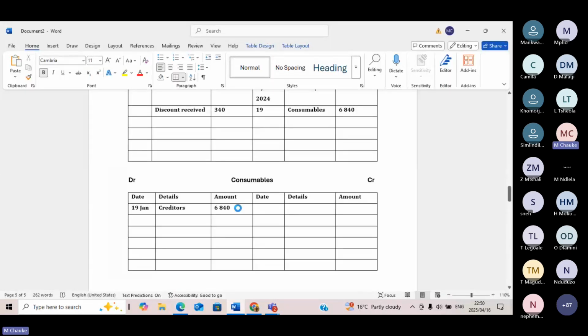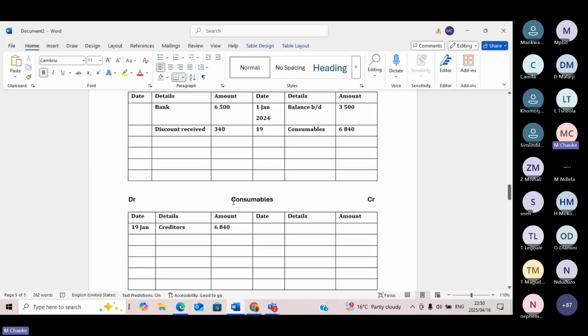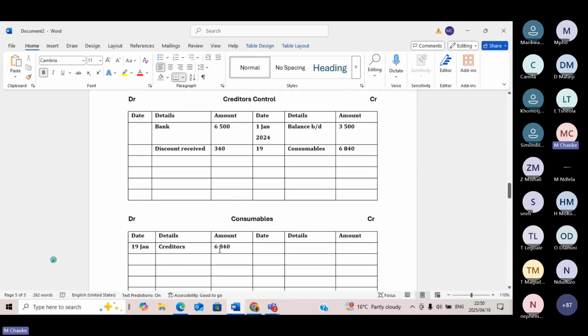Why are we paying in full settlement at 6,500? It means they give us a discount, because we're supposed to pay 6,840. That is our full settlement. But we paid 6,500. So the difference means we have received a discount, which is called a settlement discount. And it's us receiving that discount because it's us who are settling. Are you with me? Yes. All right. Any question?